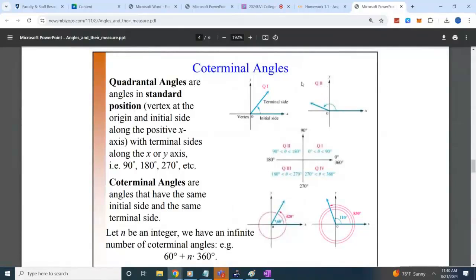A quadrantal angle is an angle that's not in a quadrant, it's in between quadrants. The quadrantal angles are 90, 180, 270, 360, and so on, right? Because those angles are not in a quadrant, they're in between quadrants. So that's the definition of a quadrantal angle, even though you probably never see that again.